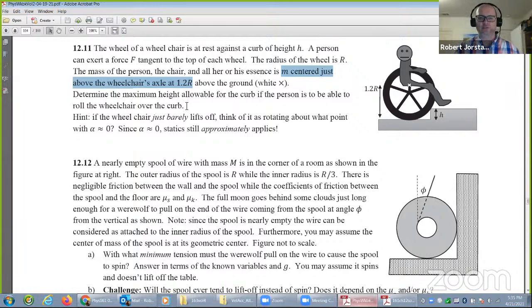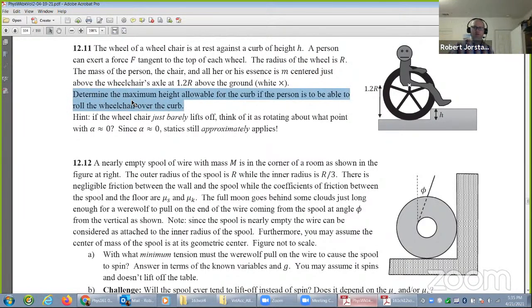Now, a good question might be, determine the maximum curb height allowable if a reasonable person can actually try to get over the curb. Obviously, you would try and build a ramp, but in some cases maybe that's impractical, or between ramps you want to make sure someone could get up and down. And so maybe you could do a study on human beings and figure out what force they could reasonably hope to apply.